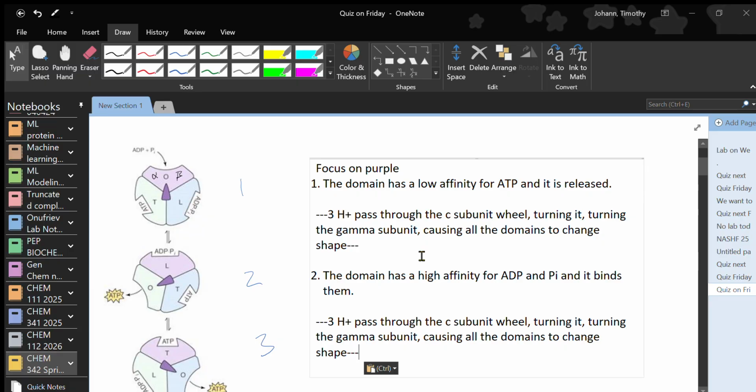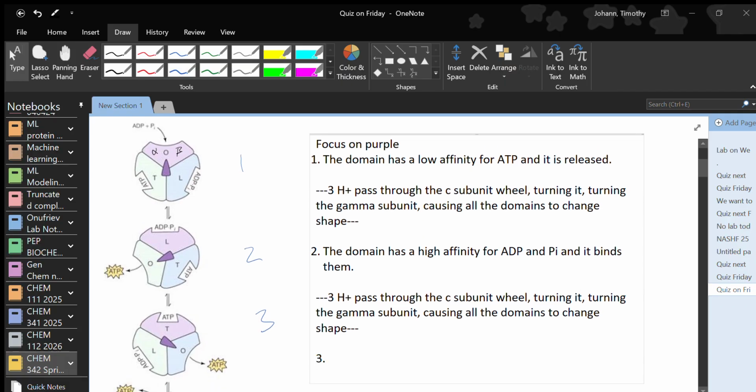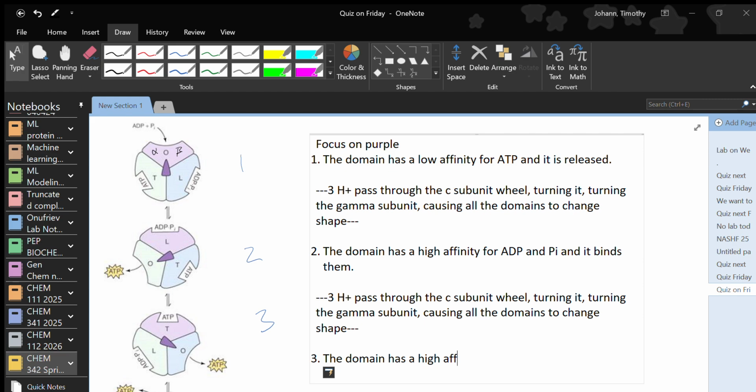So now we have another 3 protons that are going to pass through the membrane using those C subunits, that wheel, right? And that's going to turn our gamma subunit, which is going to cause all three domains to change shape again. And focusing on the purple domain, the domain has a high affinity for ATP such that it joins ADP and phosphate together.